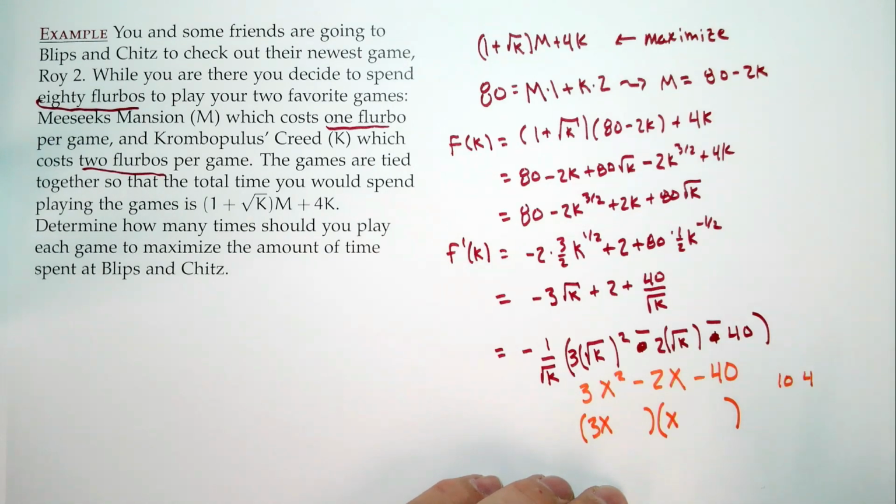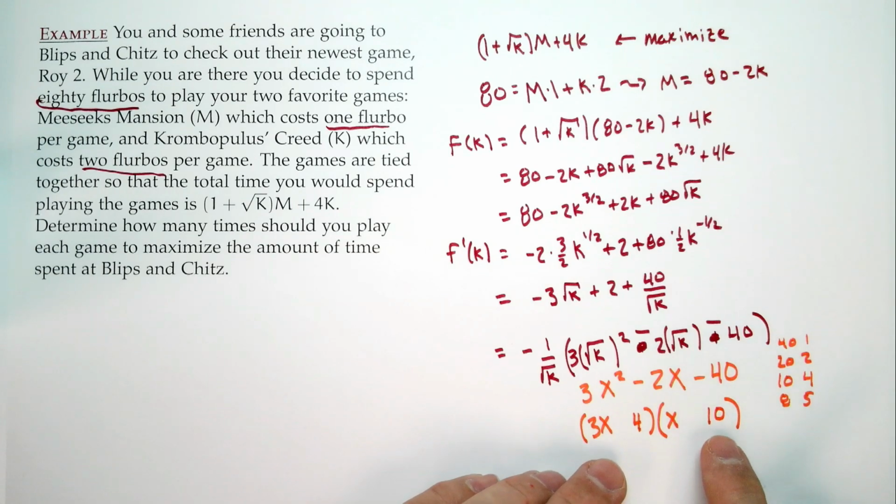I have to be able to multiply one of them by 3 and get a difference of 2. Of course, there are other things: 20 and 2, 40 and 1, 8 and 5. There's a ton of things that do it. But the reason I'm drawn to 10 and 4 is, notice if I multiply 3 times 4 that gives me 12, and 1 times 10 gives me 10, and they differ by 2. So that says we should make one of these be 10 and 4.